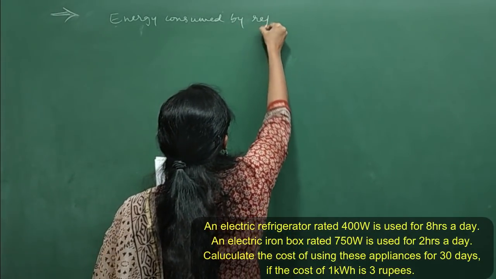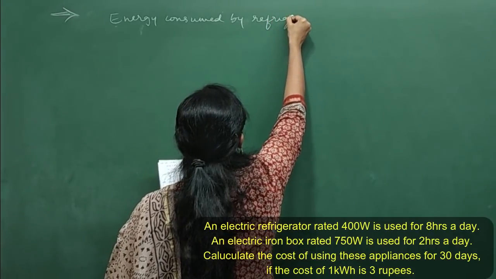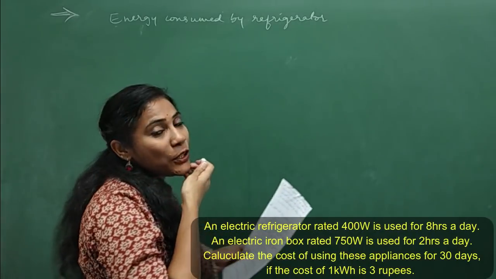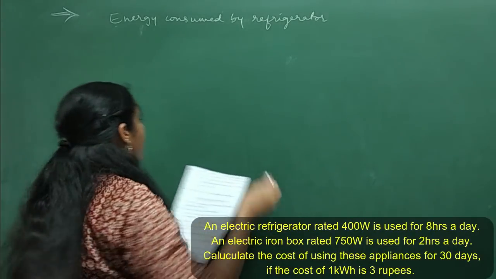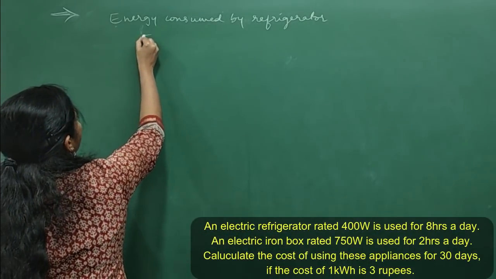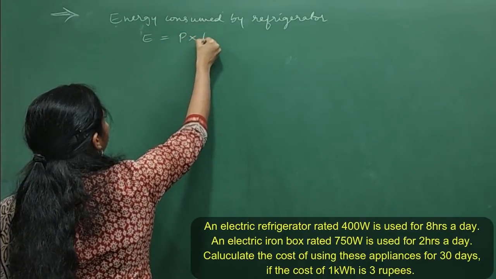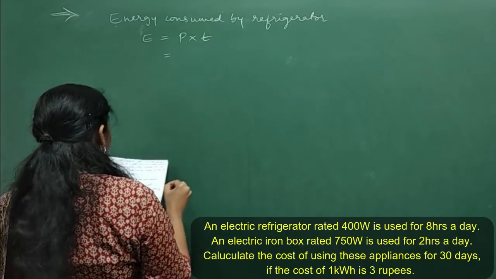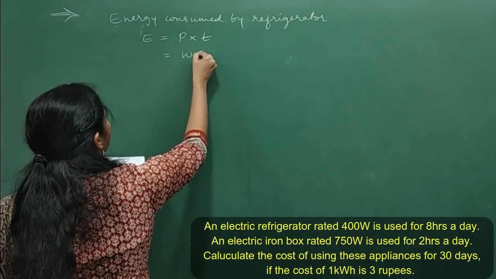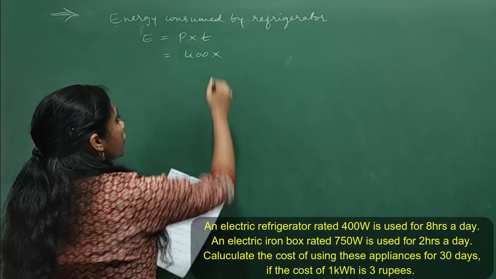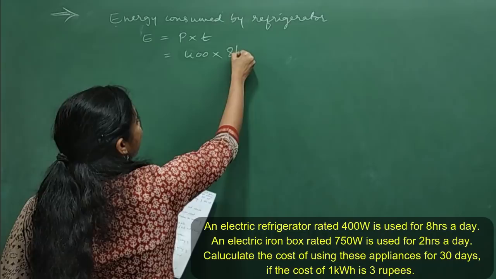Energy consumed by refrigerator. How do you calculate? Energy is equal to power into time, isn't it? So E is equal to power into time, right? So what is power here? 400 watt into time is how much? 8 hours, right? 8 hours.